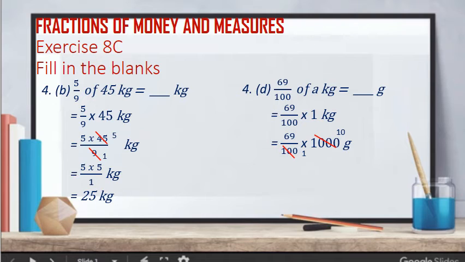So 1000 divided by 100 gives 10 and 100 divided by 100 gives 1. So this in turn is equal to 69 multiplied by 10 upon 1 gram, which in turn is equal to 690 grams. So we can say that 69 upon 100 of a kg is equal to 690 grams.